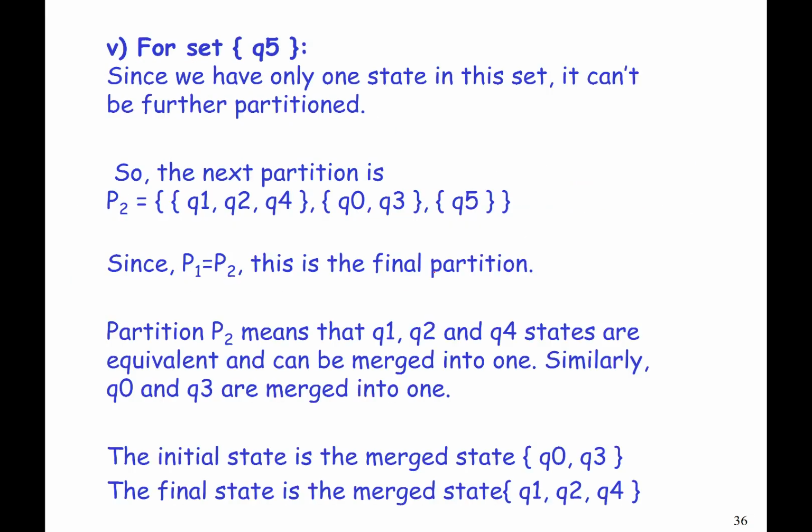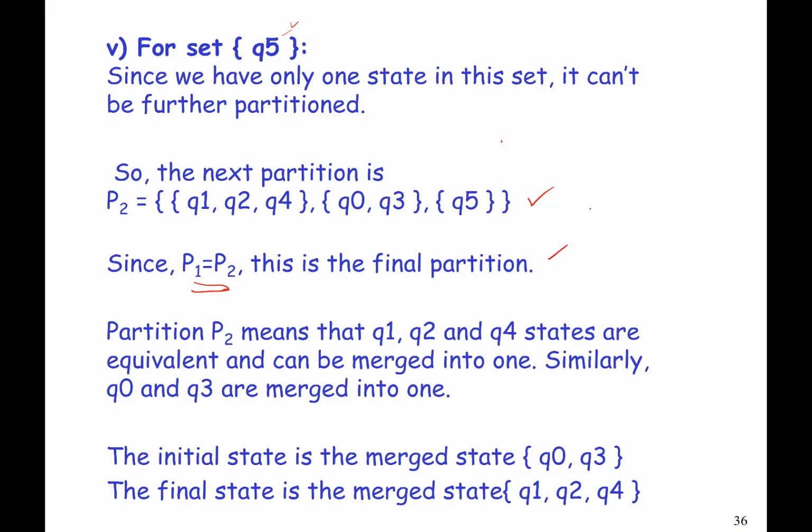When we come to the last group, Q5, a state in itself cannot be partitioned anymore, right? So once we get to one state, we do not have to worry about partitioning it. So the next partition P2 remains the same as P1. So P1 and P2 are the same. So this becomes the final partition.